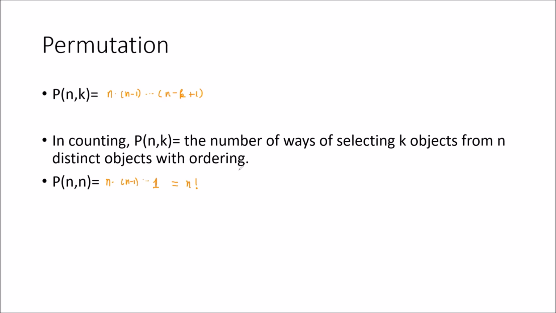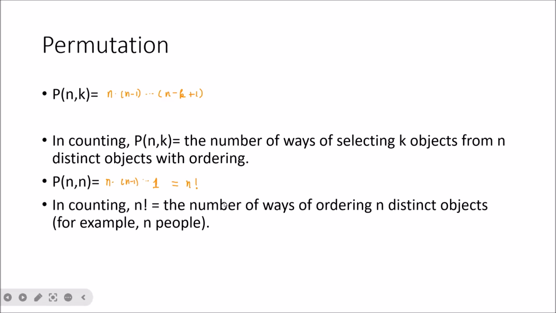And related to the meaning of P n n, it's the number of ways of selecting n objects from n distinct objects with ordering. So it's simply the number of ways of ordering n different objects. So in counting, I want you to relate n factorial with its meaning, the number of ways of ordering n distinct objects.